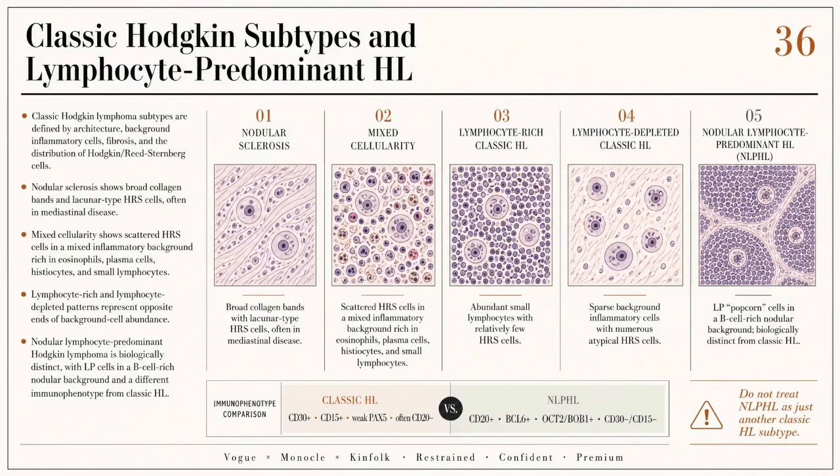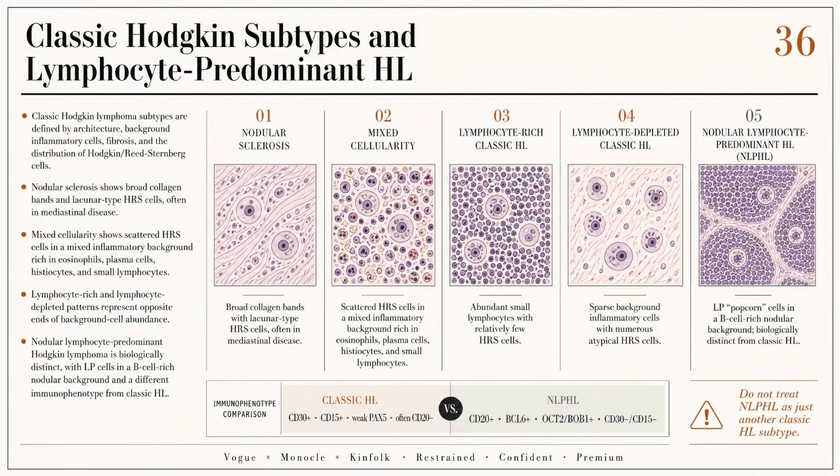This immunoprofile is pivotal for distinguishing LPHL from classic HL, as it carries different prognostic and therapeutic implications. For histotechnologists, ensuring the preservation of antigenicity for CD20 and EMA staining is critical, especially since these markers guide targeted therapies.